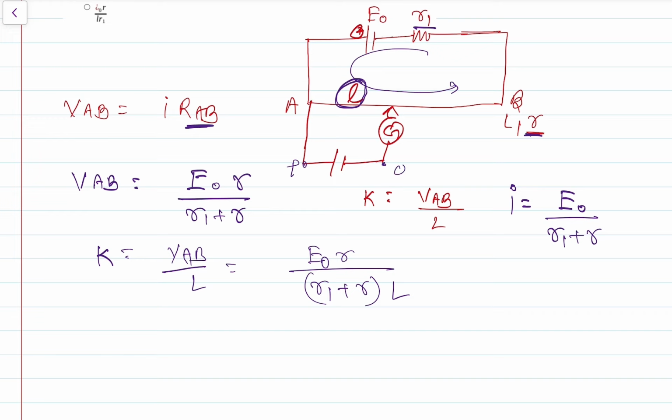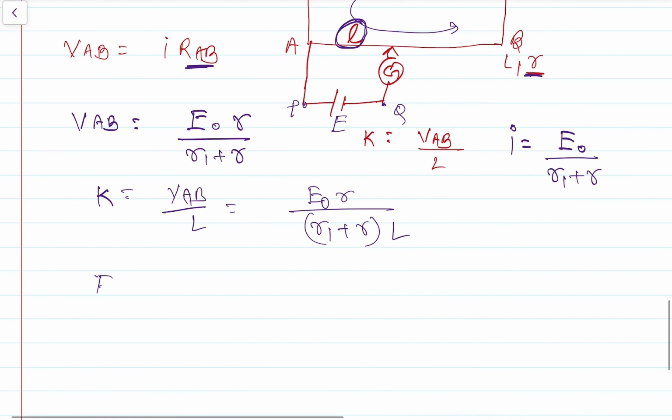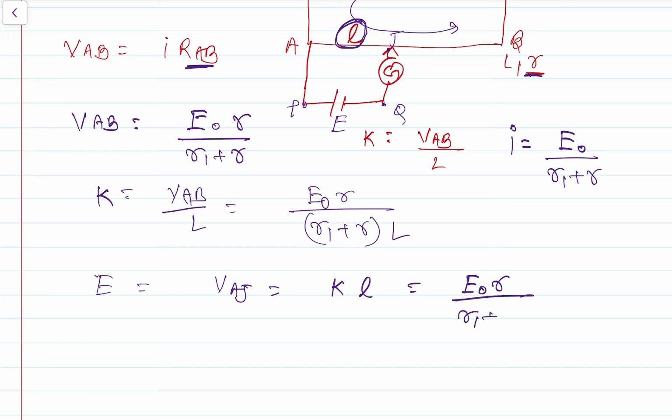suppose here P Q, so EMF of the cell which is given E. So we have to find the EMF of the cell. So E is equal to potential drop occurs between VAJ, jockey is balanced at length l. Okay, so here this will be equal to K times length l. So what is the value of K? So K is nothing but E naught r by R1 plus r into L multiplied with l.